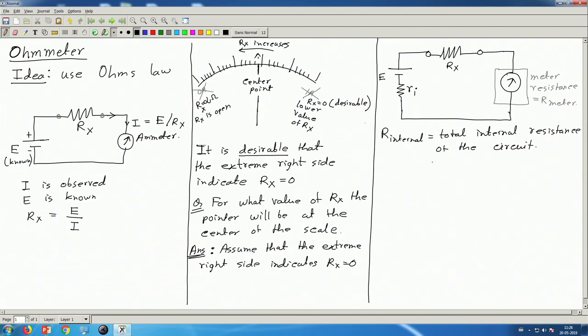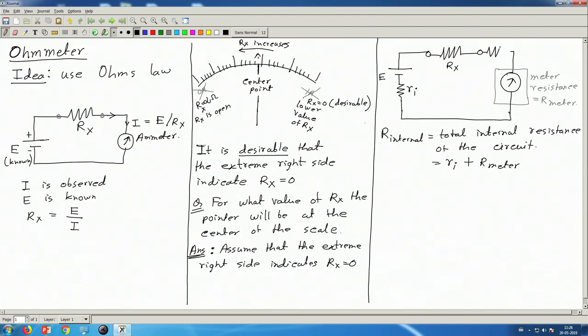Which means in this diagram this is equal to RI plus R meter, and if I have anything else, also including conductor resistance, that may be negligible, but if I have anything else in series, let me put any other resistance which I may have or may not have depending on the requirement.